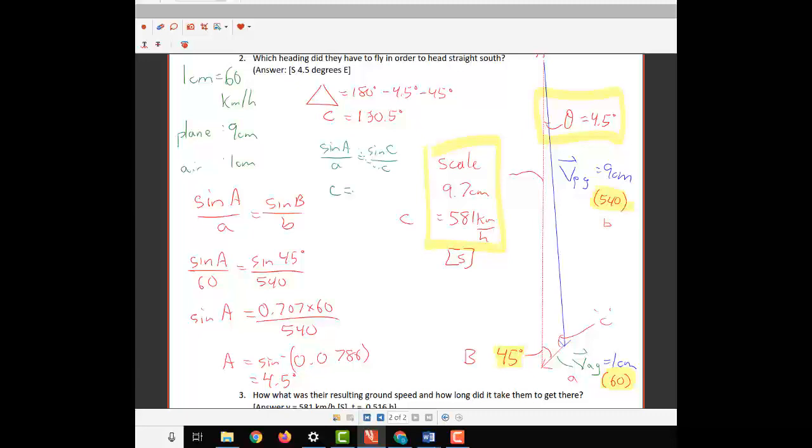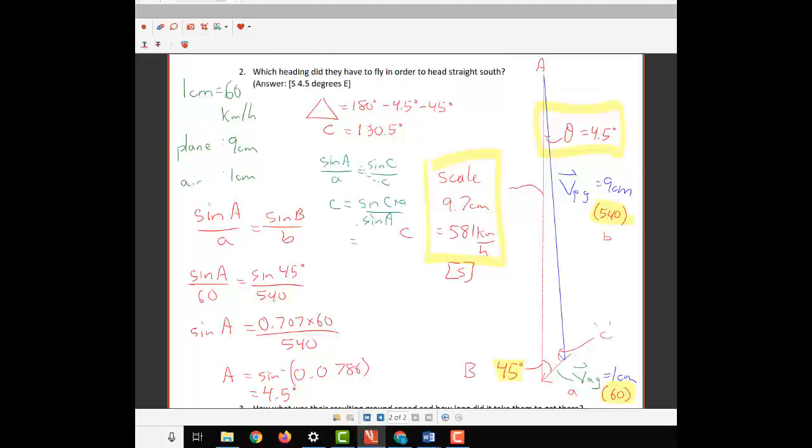So C is going to be equal to sine C times A over sine of A. So C is equal to sine of C, which was 130.5 degrees, divided by sine of A, remember that was 4.5 degrees, times A, which was equal to 60. So we punch that through, that comes to 581. So those two methods match.